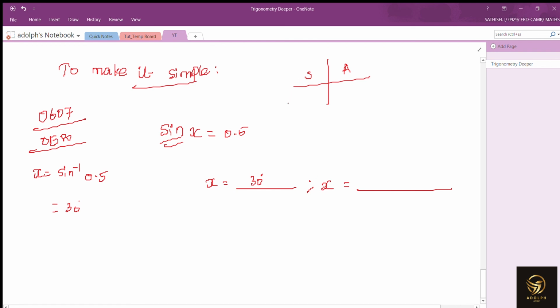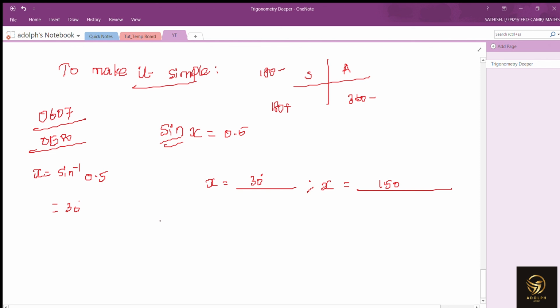Don't go for the changing values; either go for 180 minus, or else 180 plus, and here it is 360 minus. Only these you have to use. So if it is sine, you write 180 minus the answer you have got. 180 minus 30 is 150. So the x value will be 150.